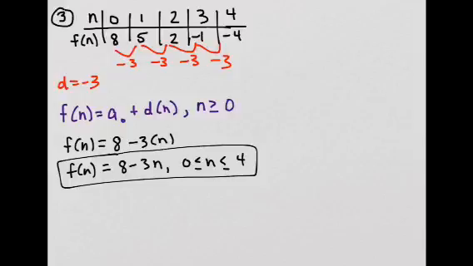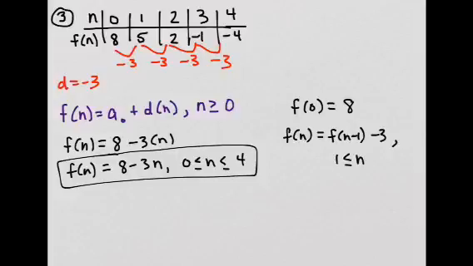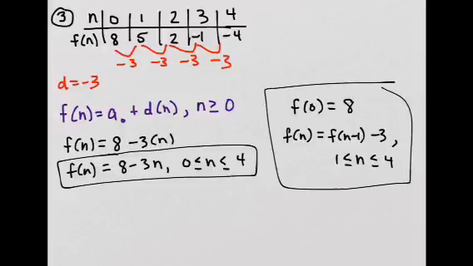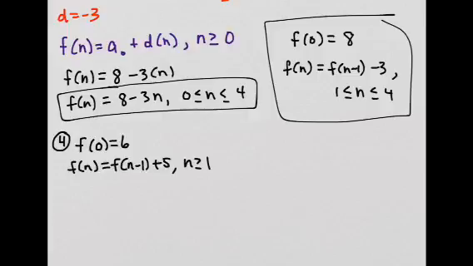The recursive formula, we start with f of 0 equals 8, and then f of n is the previous term minus 3, and in this case, because n equals 0 is already accounted for right here, the ones that are left are n greater than or equal to 1 and less than or equal to 4. So here's the recursive.